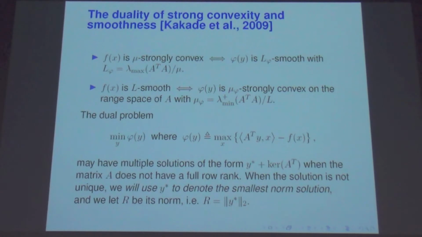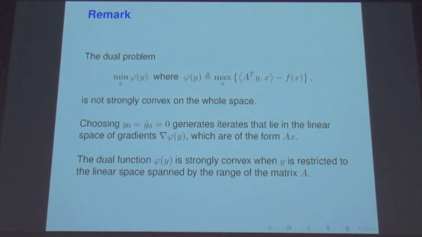Of course, the dual might not have a unique solution, because you don't guarantee strong convexity there, but then your solutions are in the kernel space of the matrix A. More important, if your primal function is smooth, then the dual function will be strongly convex only on the kernel space of the matrix A.